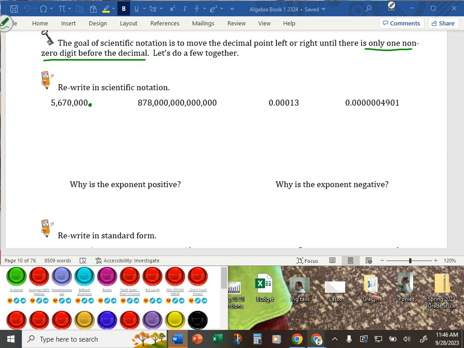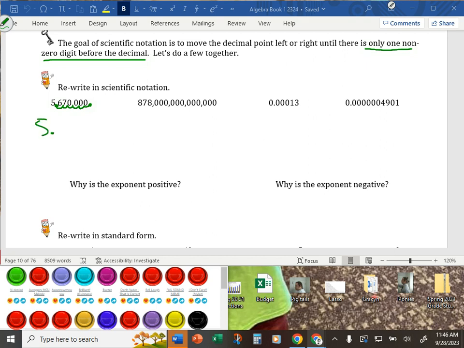And so what scientific notation says is we need to move this until there's only one non-zero digit before it, which would be between the 5 and the 6. Right? If we put it between the 6 and the 7, then we have 5 6 point. We don't want that. We want 5 point, only one non-zero digit.